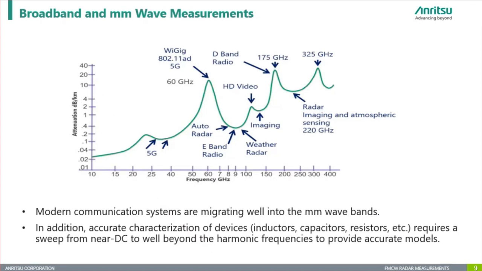Automotive radar typically functions in the E band, 55 GHz to 90 GHz. Weather radar covers a broad frequency spectrum from S band, 2 GHz, to W band, 110 GHz.